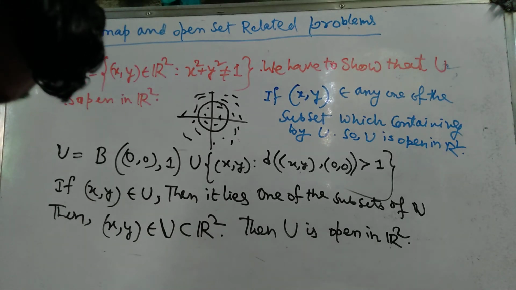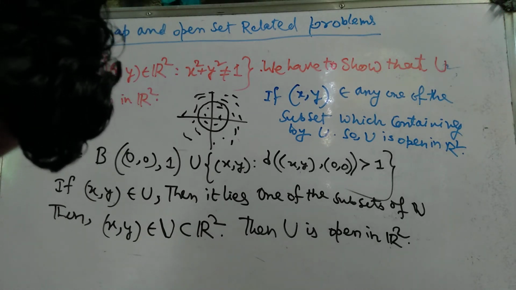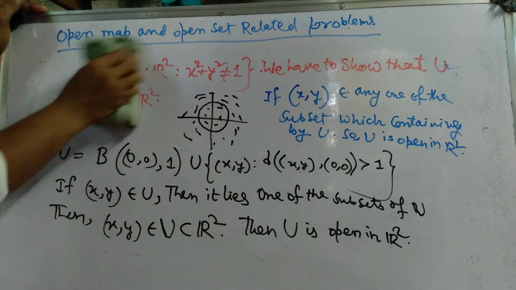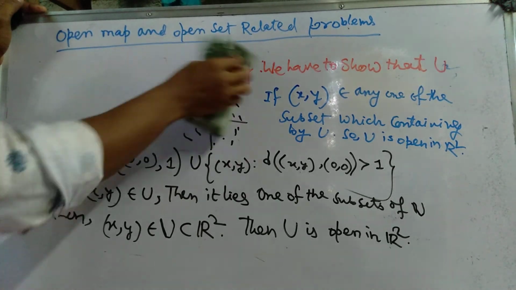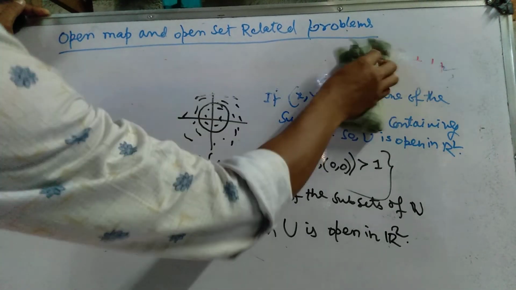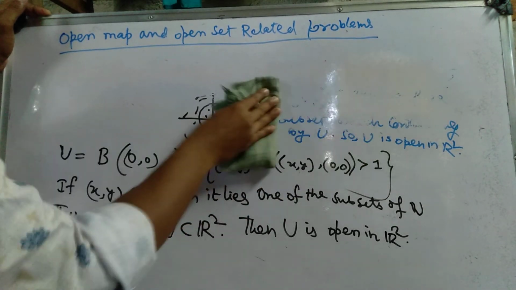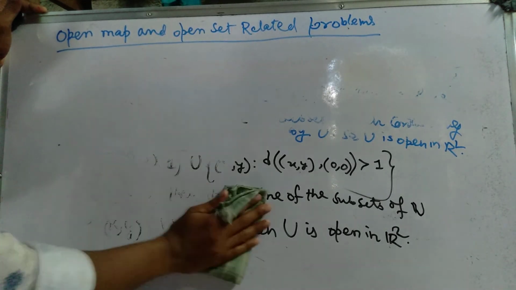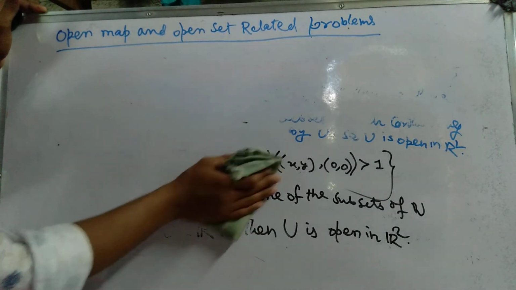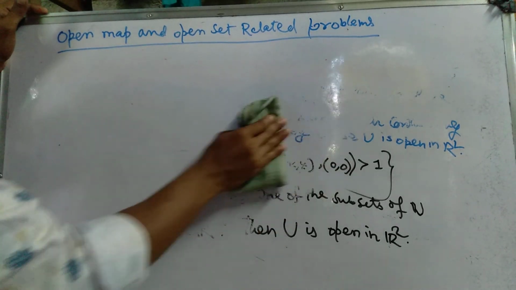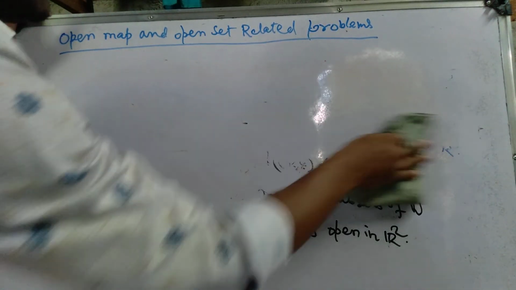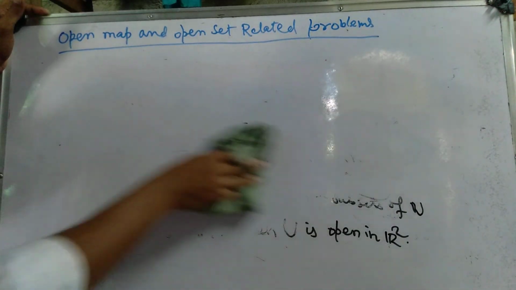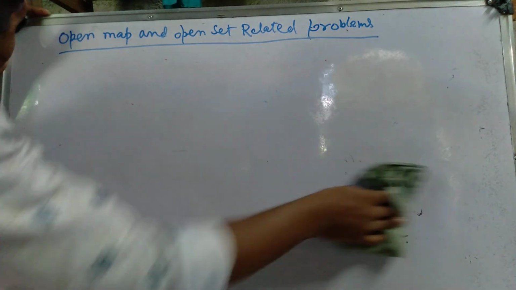Now next, another familiar question. The question is: let A be any finite set in a metric space (X, d), then show that X difference A is open.